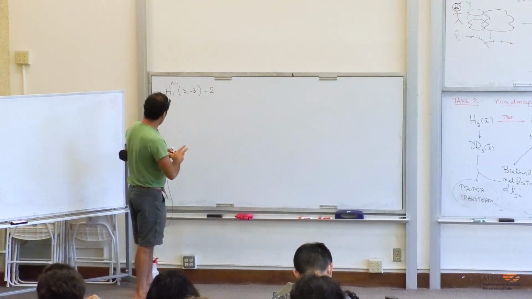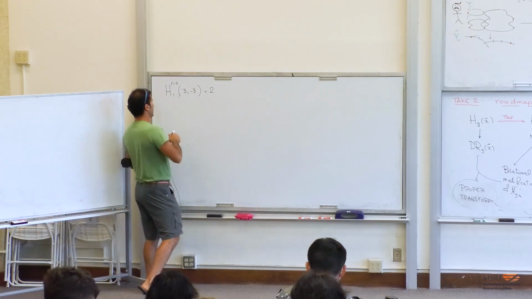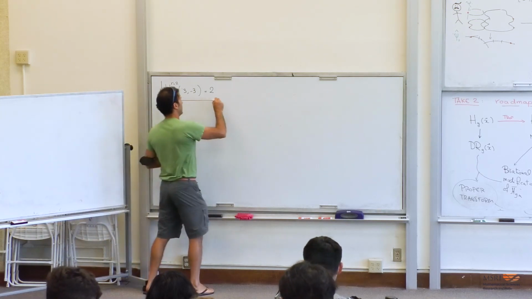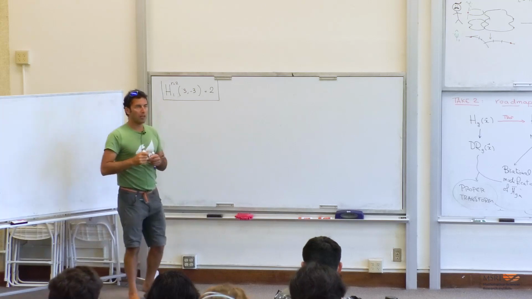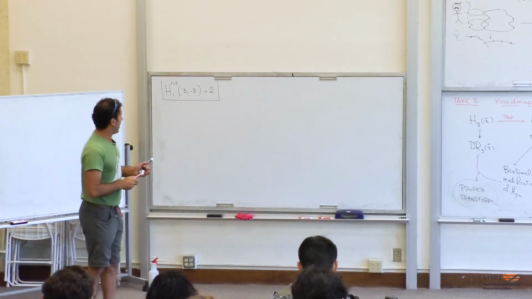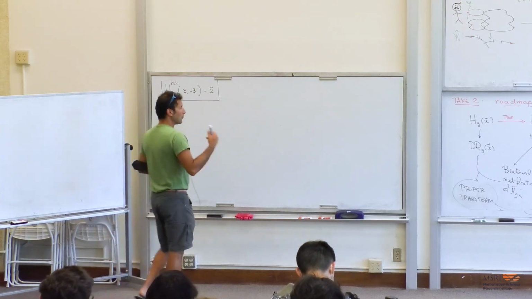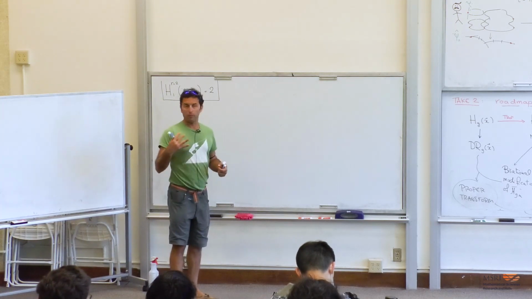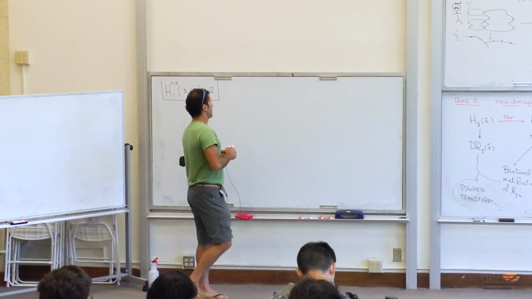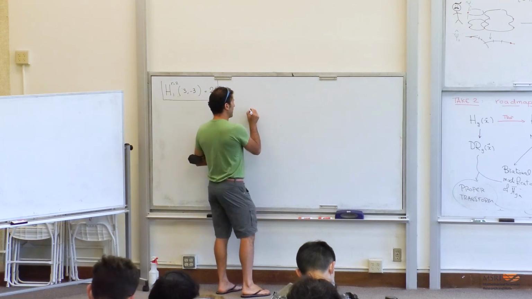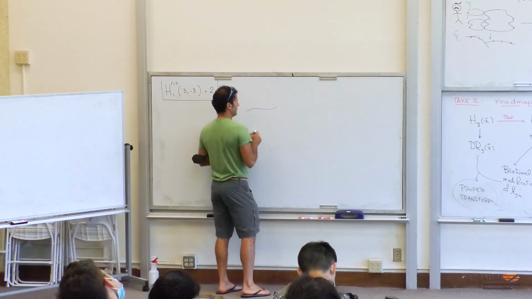And let's start drawing some sort of cartoon pictures for the relevant characters here. So first of all, we have a moduli space of rubber relative stable maps to P1. This moduli space is one-dimensional and it has 2 components.